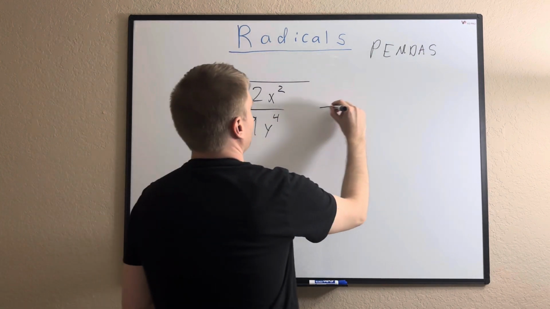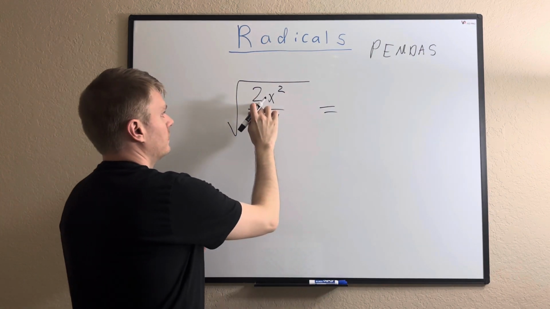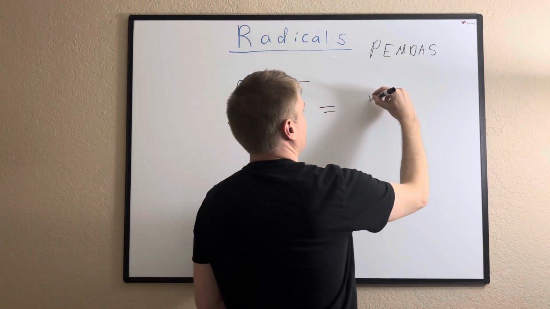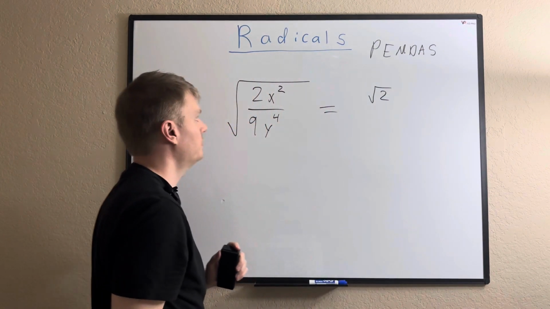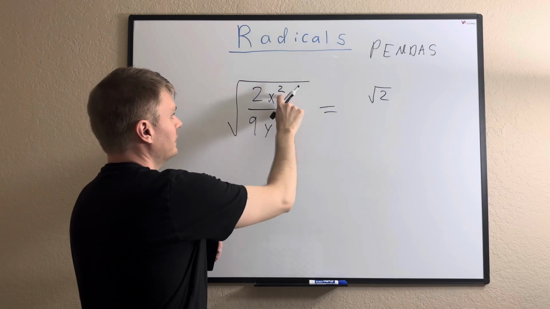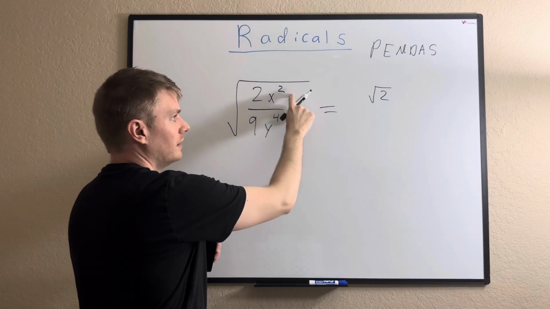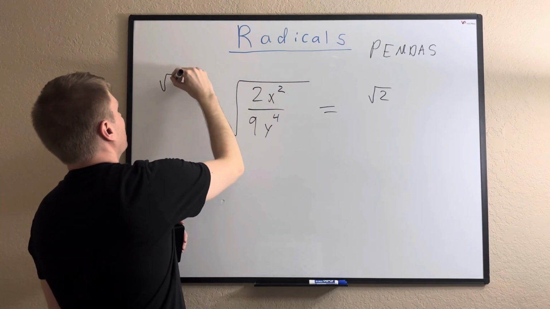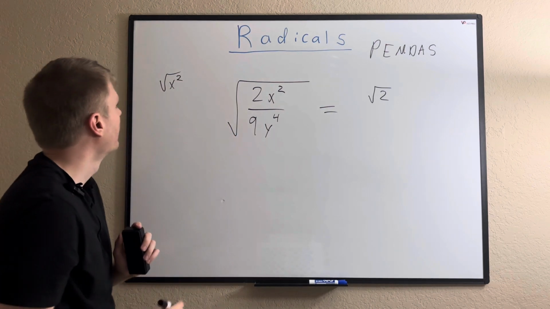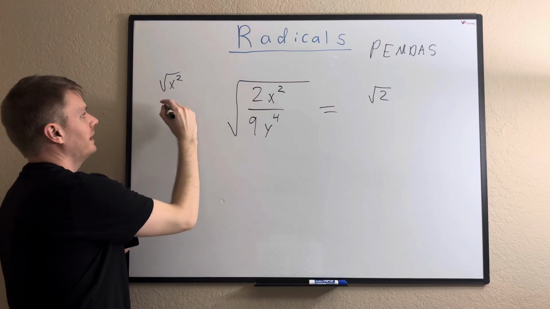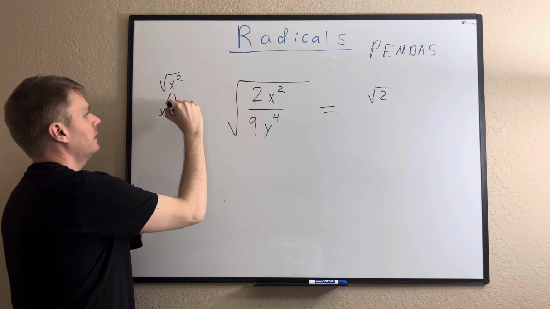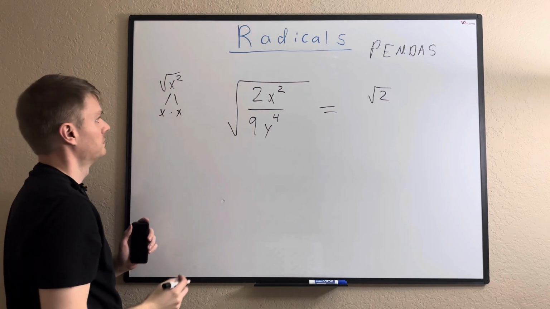So, radical 2, nothing we can do about that. Radical x squared, it's a number that multiplies by itself to get x squared, x times x. That's easy.